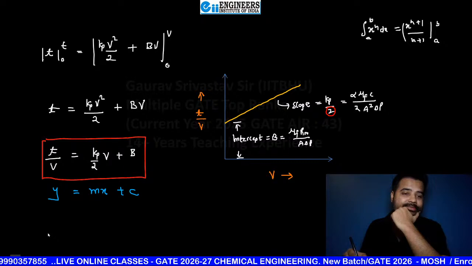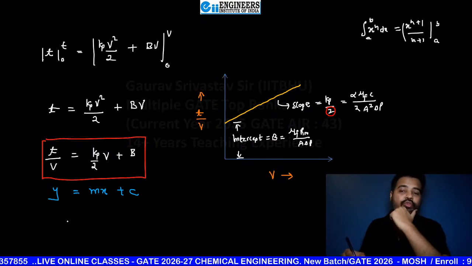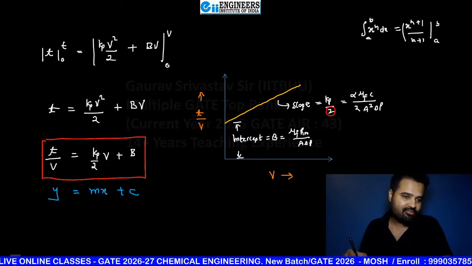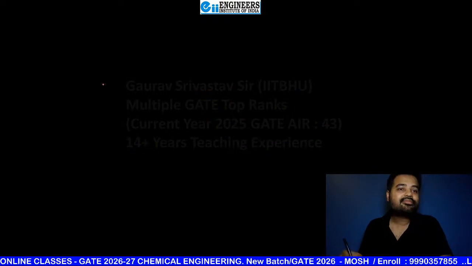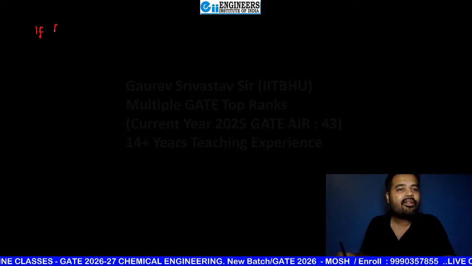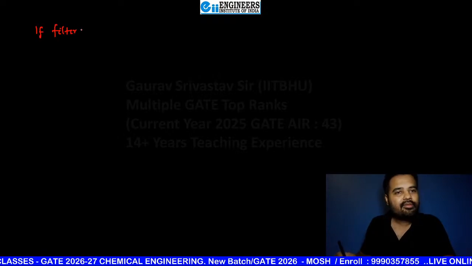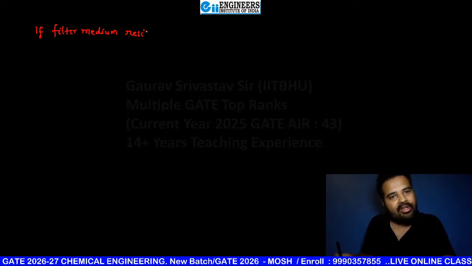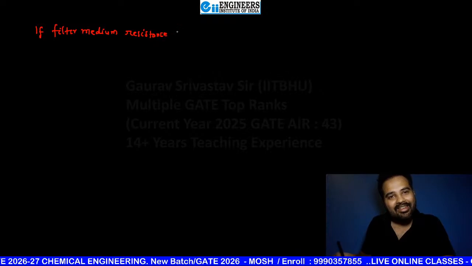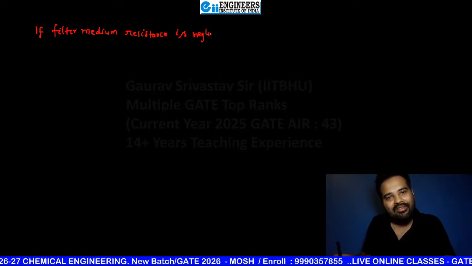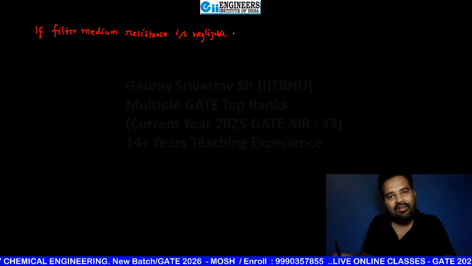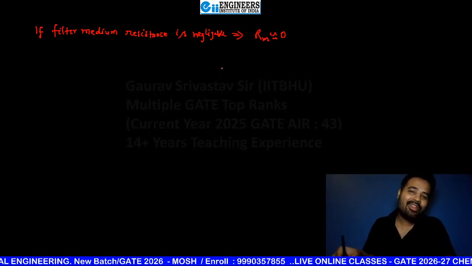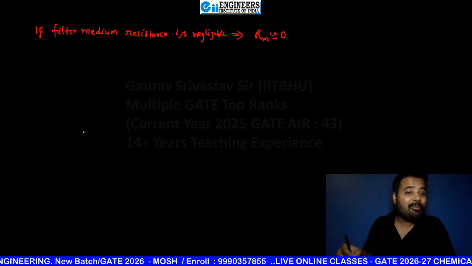Shall we move forward, my dear students? So is there any case when this B can be 0? If filter medium resistance is negligible, that means Rm is 0, then what will happen with that B?